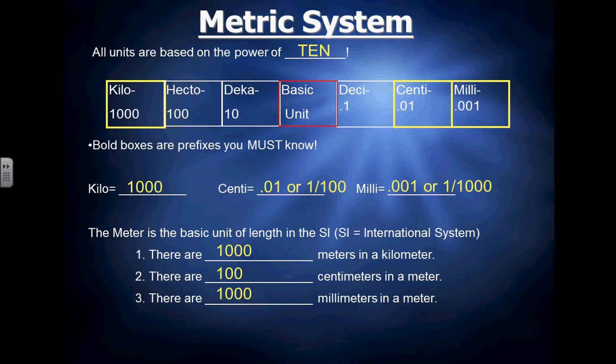Now, because we have the metric system based on units of 10, conversion is pretty easy.